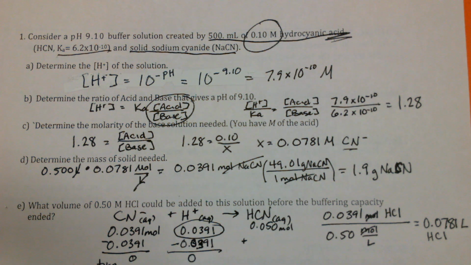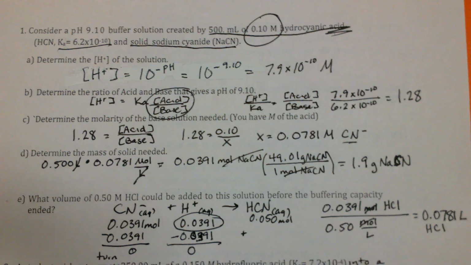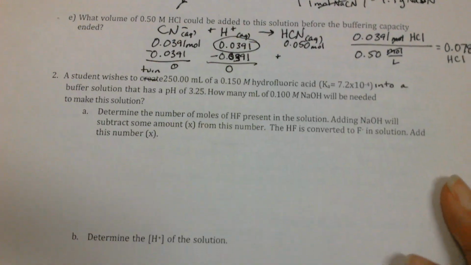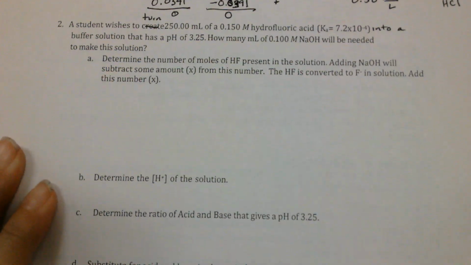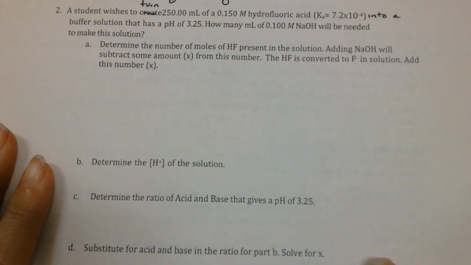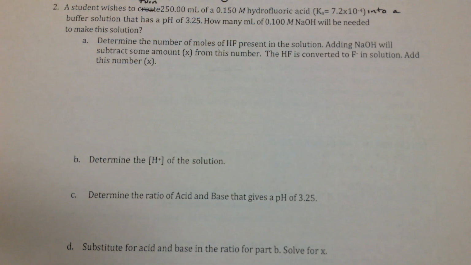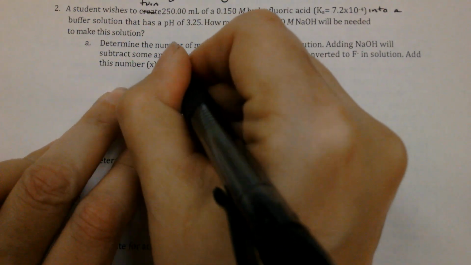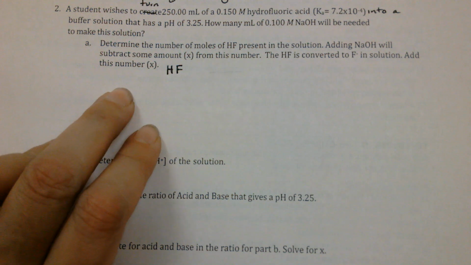So the second one of these problems is doing it the other way, which is where I am generating the base in situ by doing a chemical reaction. It says I want to turn this solution into a buffer. So what I have right now is a solution of HF.